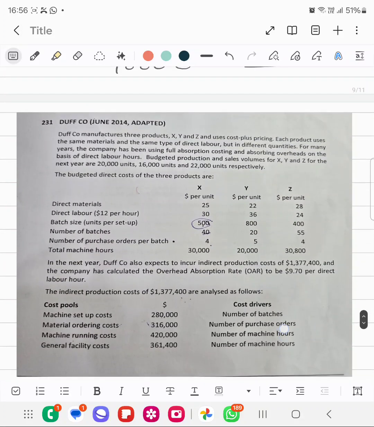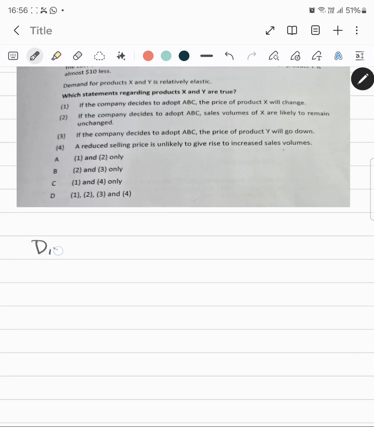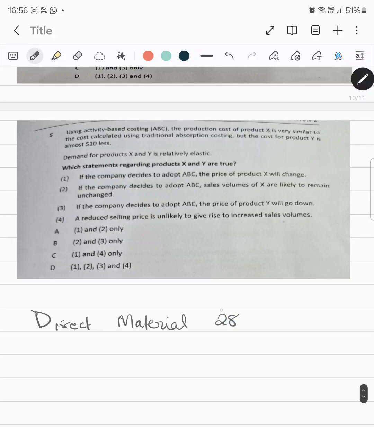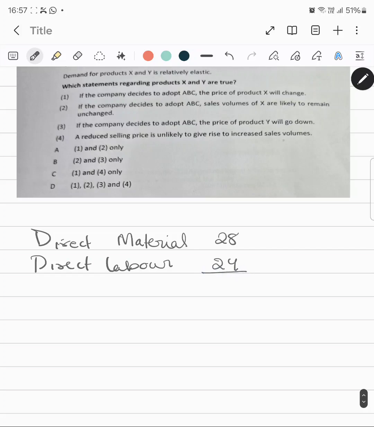We have been given direct material of 28 and direct labor of 24. 28 plus 24 is 52. 52 is your prime cost, and now you will add the production overheads.